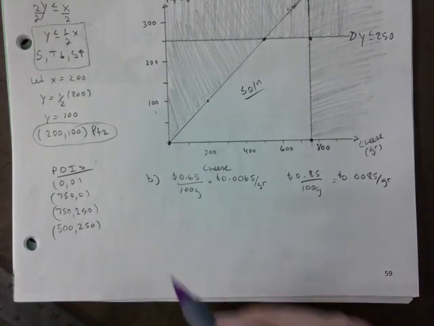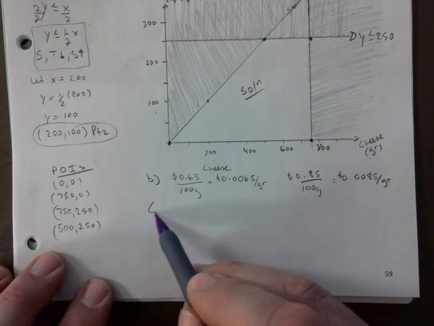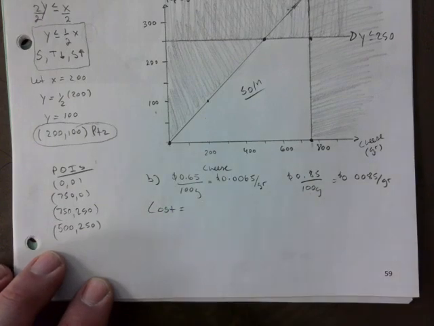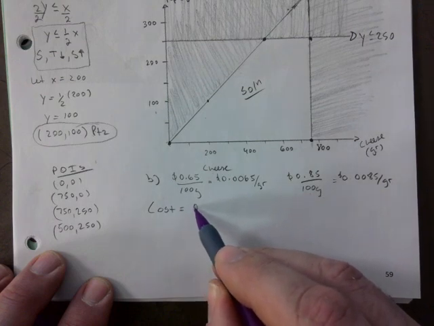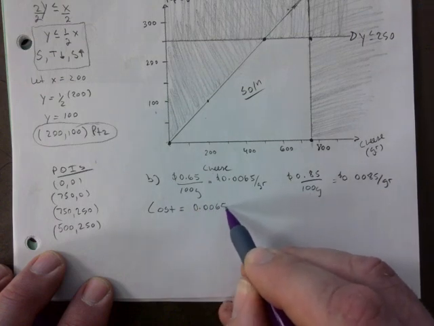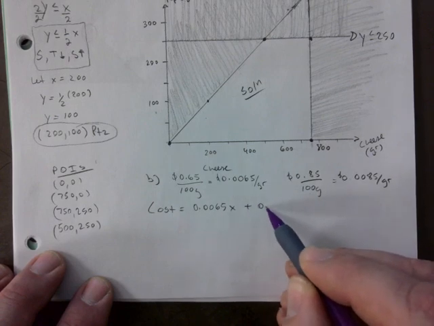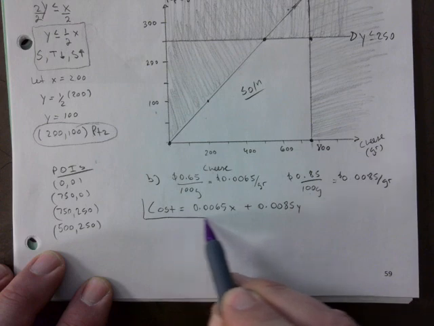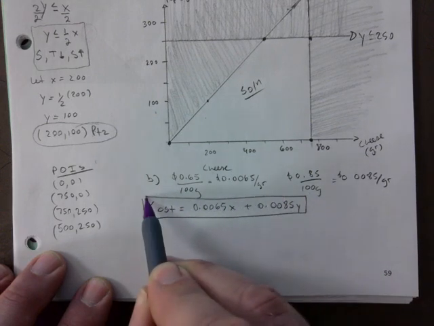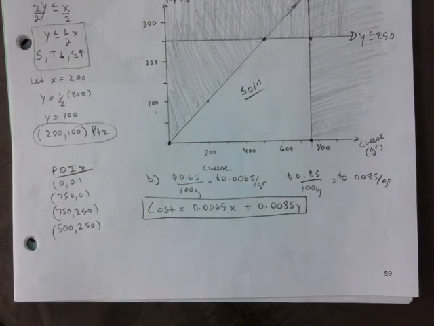Okay. So the objective function for cost, how about we just call it cost? That's fine. You can call it C if you want. It would be 0.0065x plus 0.0085y. This is what you would usually get a full mark on a test or AC for just writing out that objective function.